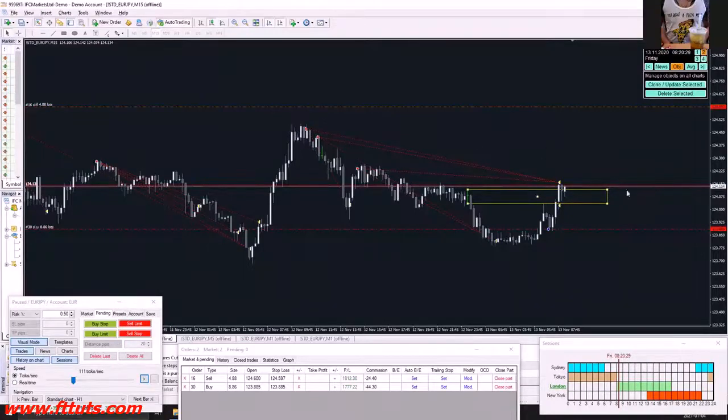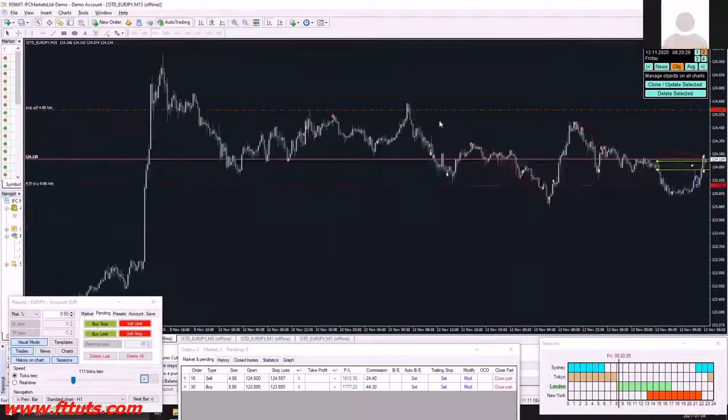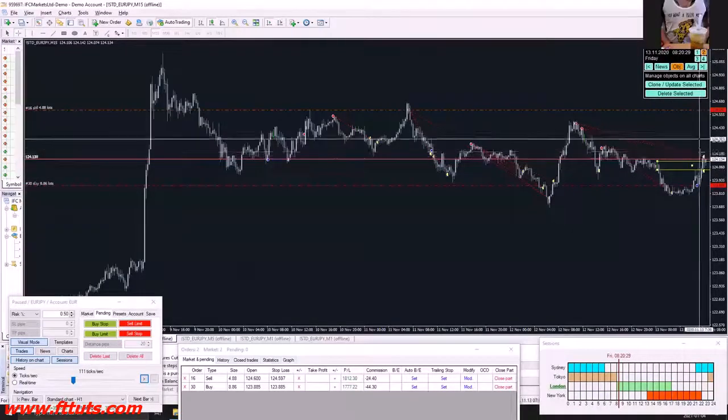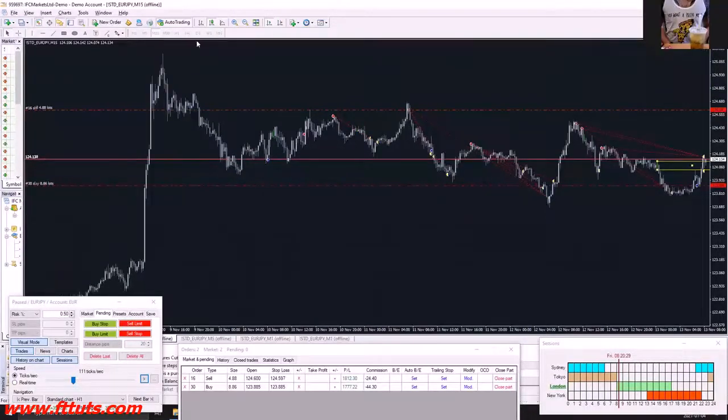This? Yeah. It's making lower lows and lower highs pretty much right now. So then I'm kind of expecting this to become the next lower high.